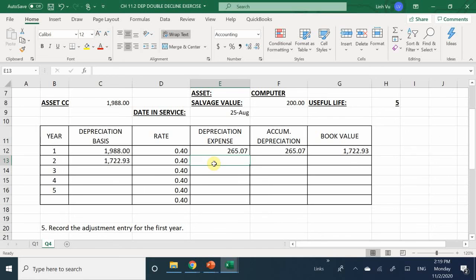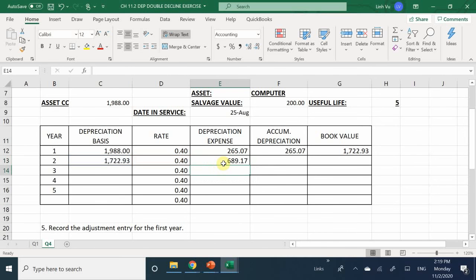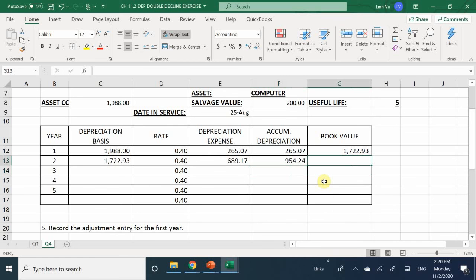Bringing my total accumulated depreciation to $954.24. Good. Bringing my book value to $1,033.76.